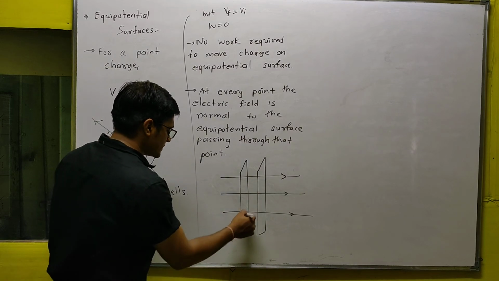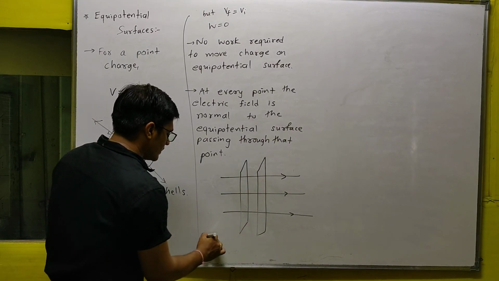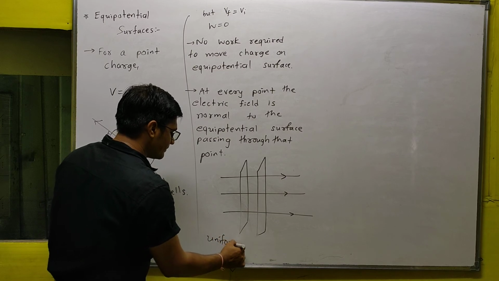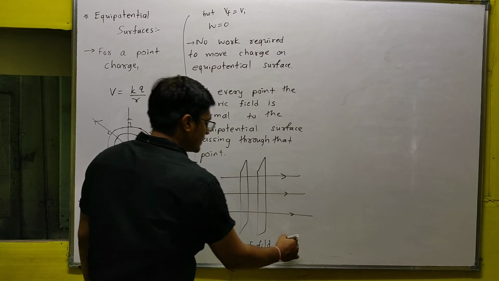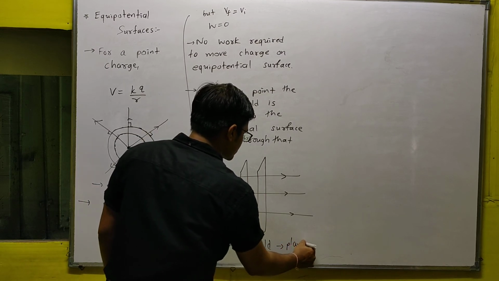So for a uniform electric field, the equipotential surfaces look like plane surfaces.